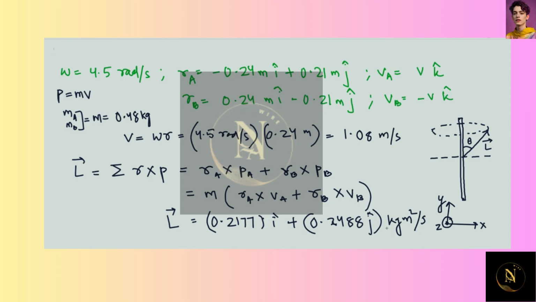The component along the axis is the z component, which has a magnitude of 0.2488 kg meter square per second. So that is the component along the axis.